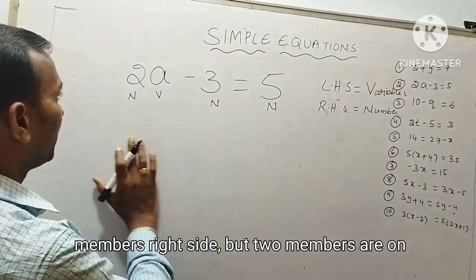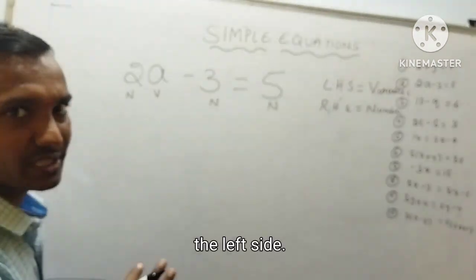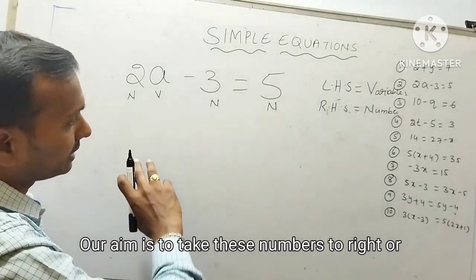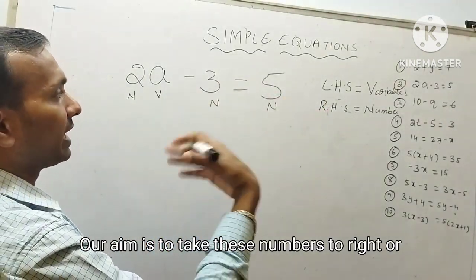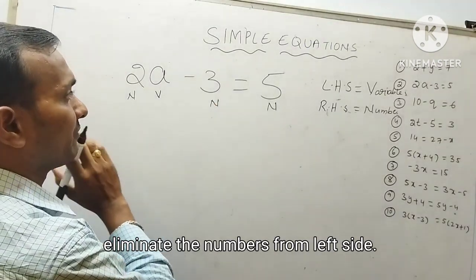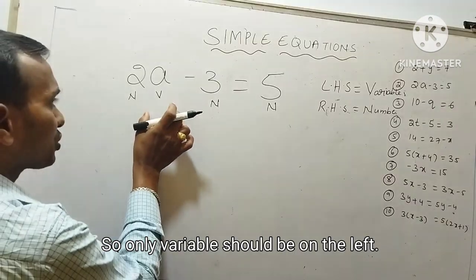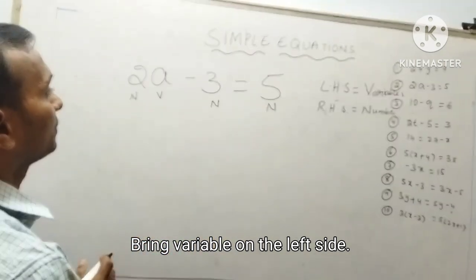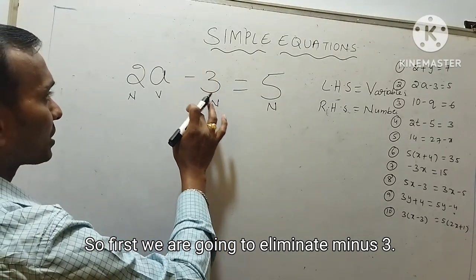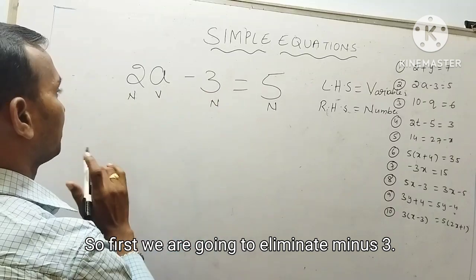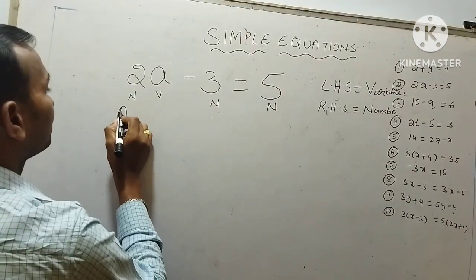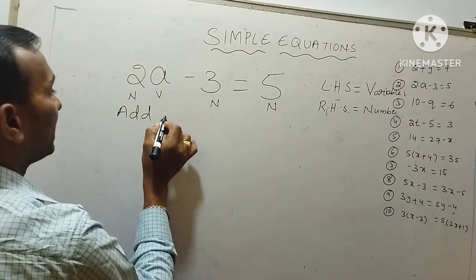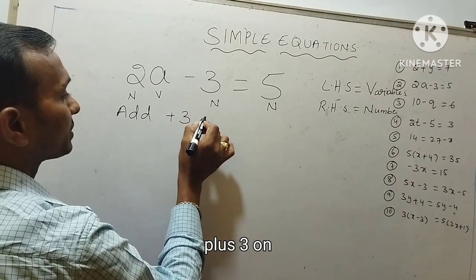Right side. But two numbers are on the left side. Our aim is to eliminate the numbers from the left side, so only the variable is on the left. First we are going to eliminate minus 3. So add plus 3 on both sides.